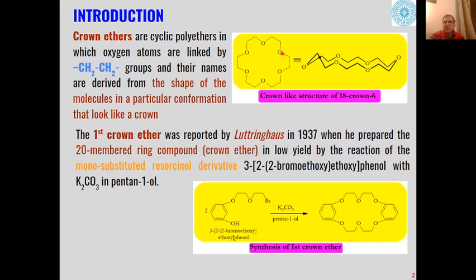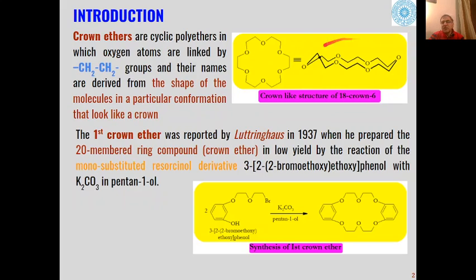They join each other through this oxygen to form these types of cyclic compounds, which are called cyclic polyethers, and they are popularly called crown ethers.